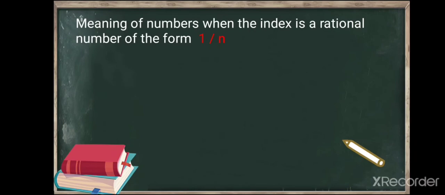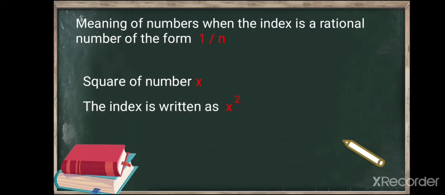Let's move to the meaning of numbers when the index is a rational number of the form, this is our first part, 1 upon n. If the number x is given, let us find out the square of this number x. So we can write down this sentence in index form. Therefore the index is written as x raised to 2, that is x square.